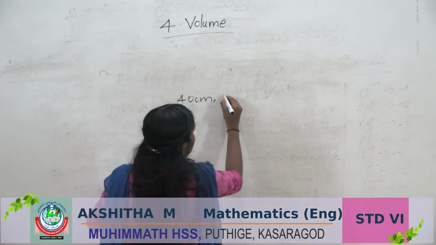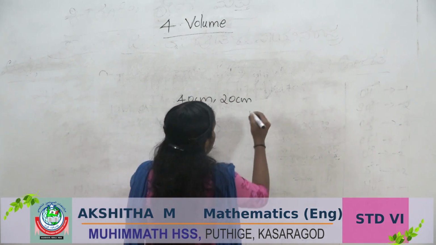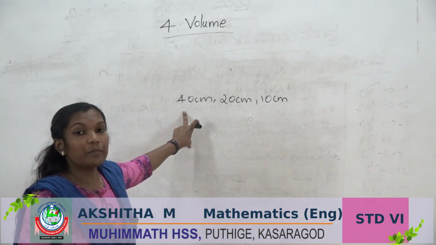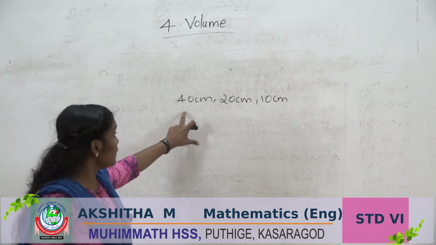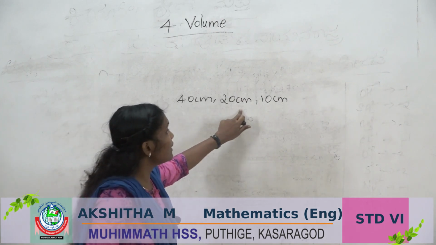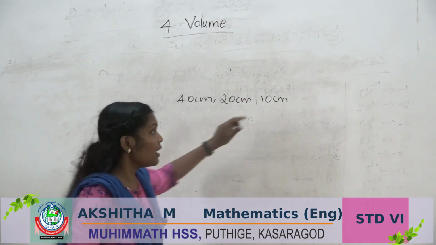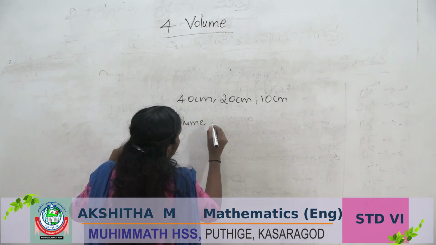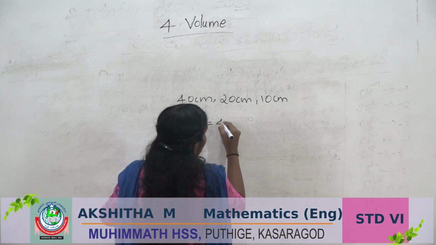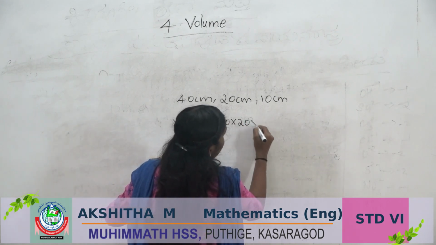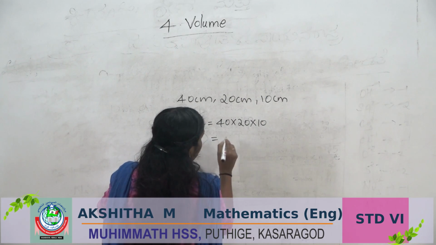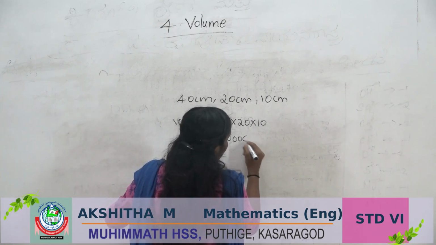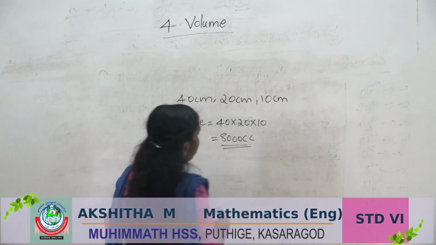If the length, breadth and height of the box is 40 centimeter, 20 centimeter and 10 centimeter, its volume is 40 into 20 into 10, so 8,000 cubic centimeter.